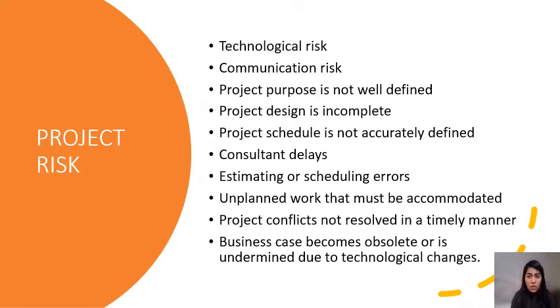Moving ahead, second is the communication risk. When there's a lack of communication, it creates confusion, and a lack of clarity affects communication between the team members. If the project purpose is not well defined, project design is incomplete, or project schedule is not accurately defined, these are all part of the project charter.